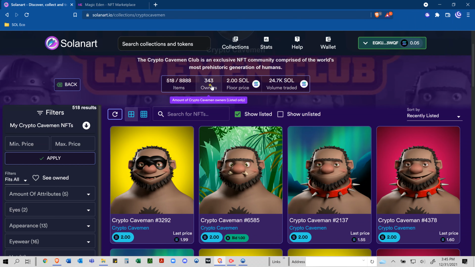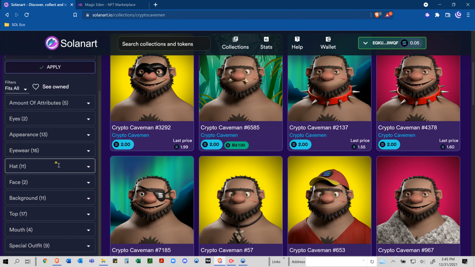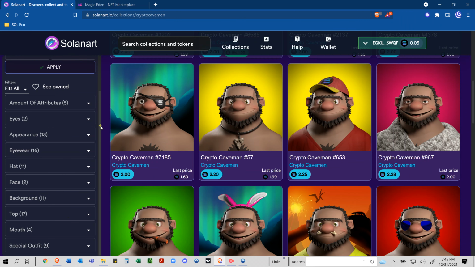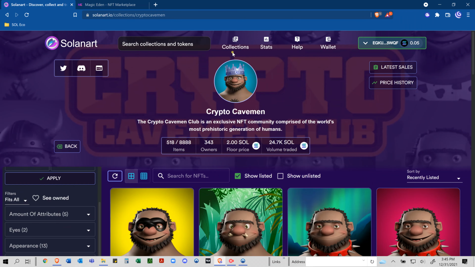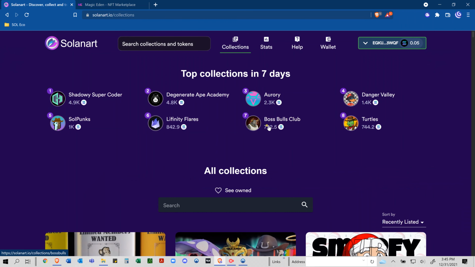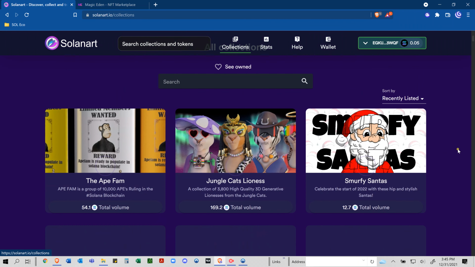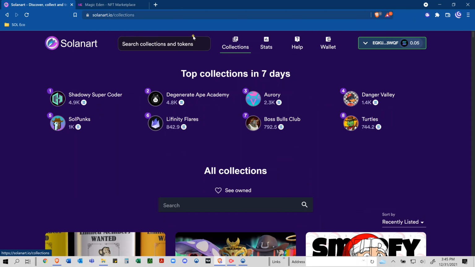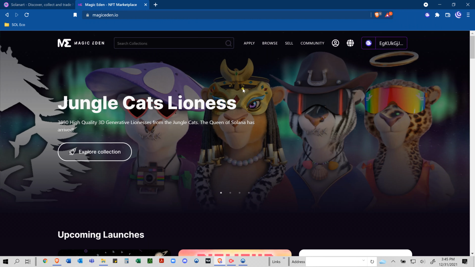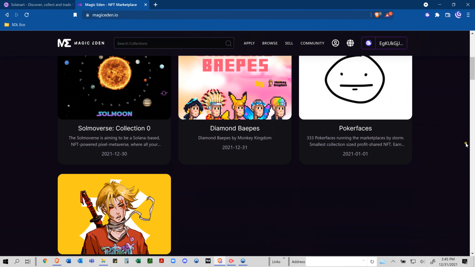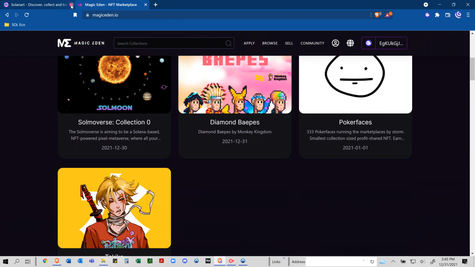And 343 owners. That's just the listed owners. That is not the actual owner count or wallet count. But same thing, you can search by appearance. You can look for all the attributes here, figure out what you want to buy, look at the collections, and figure out what you would like to purchase.